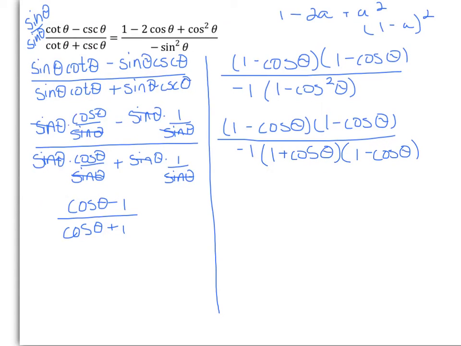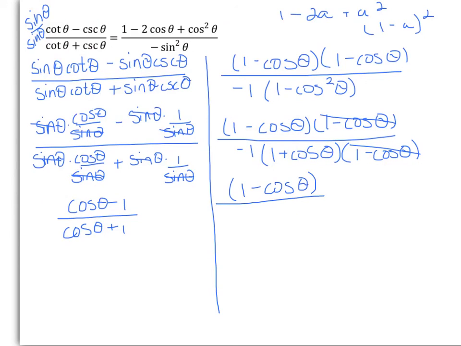Now I can cancel. Please notice that everything going on here is multiplying. This is multiplied by this. Negative 1 times this times this. So I can start canceling. This cancels, and I'm left with 1 minus cosine of theta in the numerator.